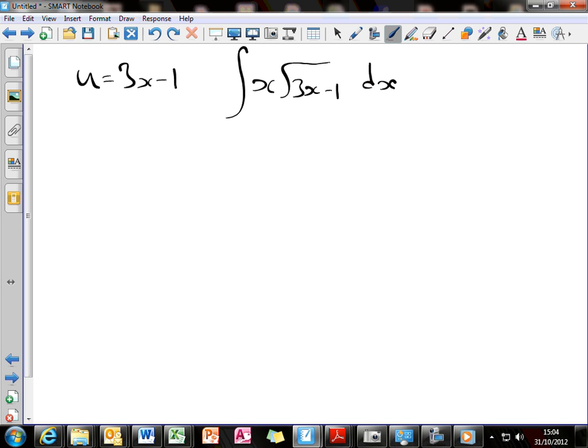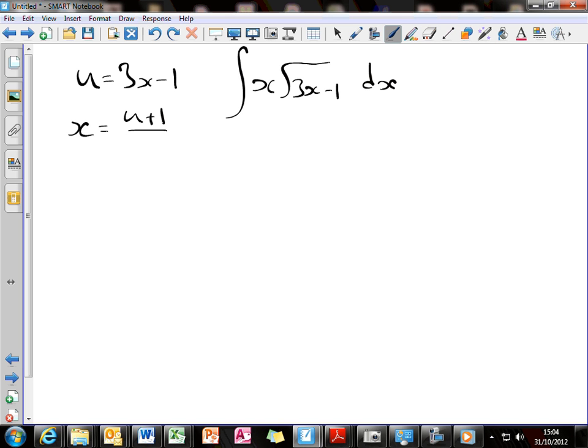Now, when we're doing substitutions, there's a few things that we might need. Firstly, you don't always need to find this, but you may as well. x is going to be u plus 1 over 3. So I'll rearrange so I can find out what x is.